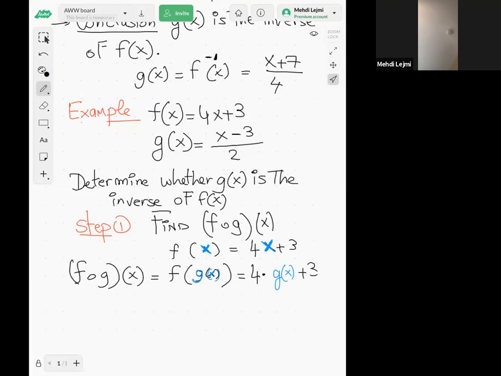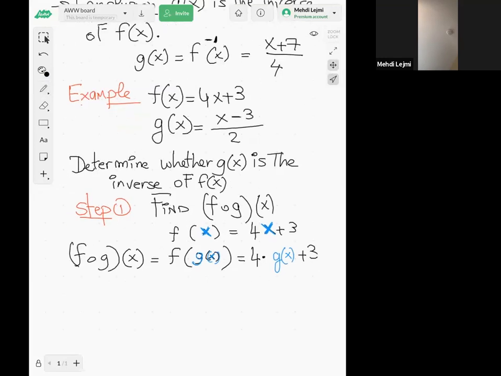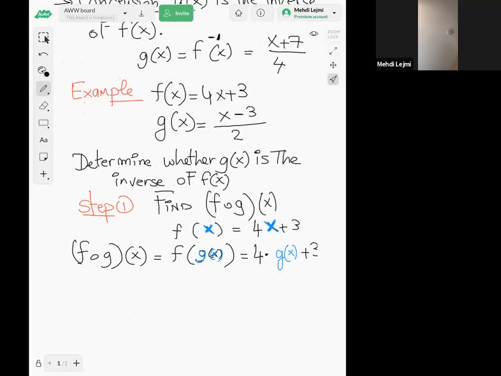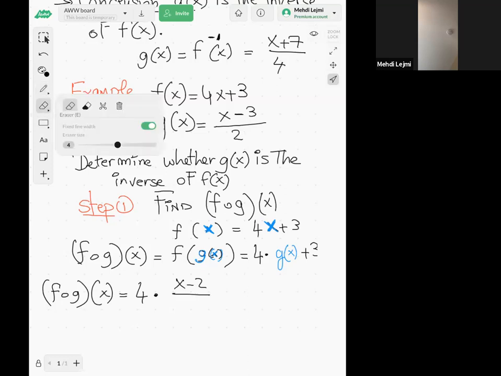Okay, so let's continue then. You have f composed with g of x. So it's 4 times g of x. G of x is x minus 3 over 2, right? That's my g of x.